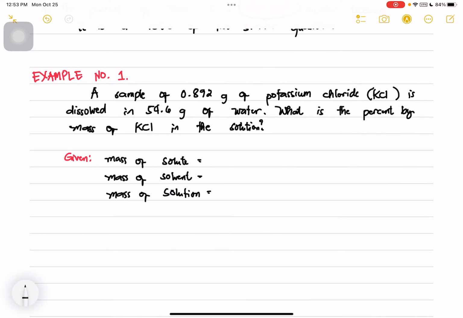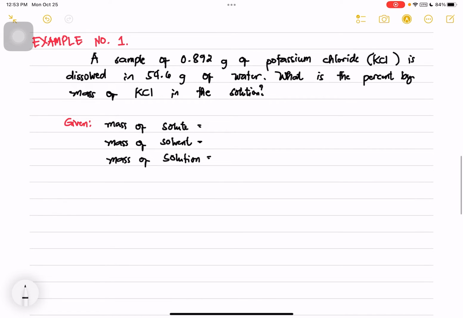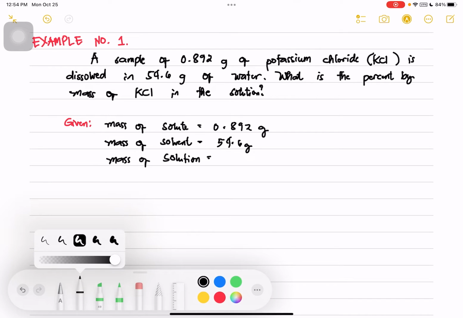So let's have our first example. A sample of 0.892 grams of potassium chloride, or KCl, is dissolved in 54.6 grams of water. What is the percent by mass of KCl in the solution? For us to solve this easier, it is very important to identify first the given. So we have the mass of solute as 0.892 grams. We also have the mass of the solvent as 54.6 grams.